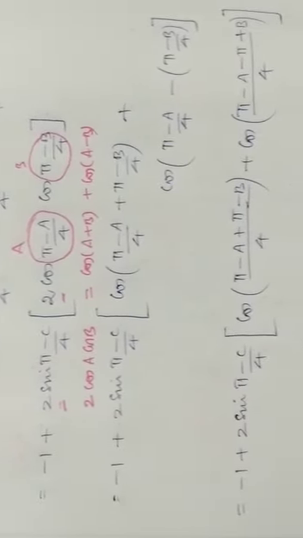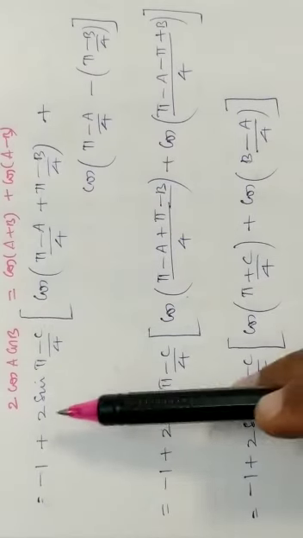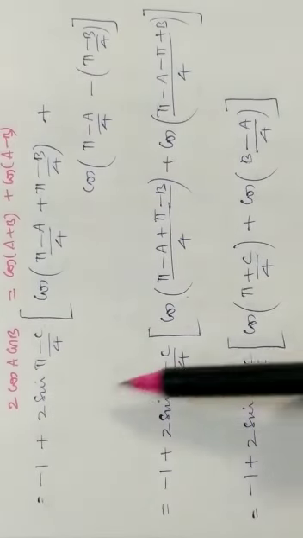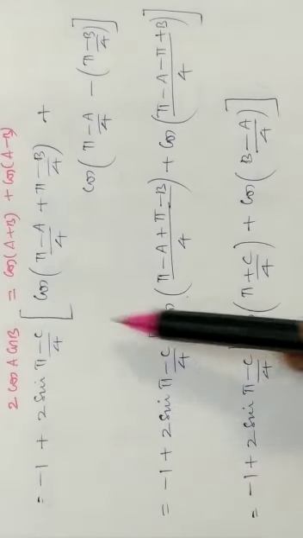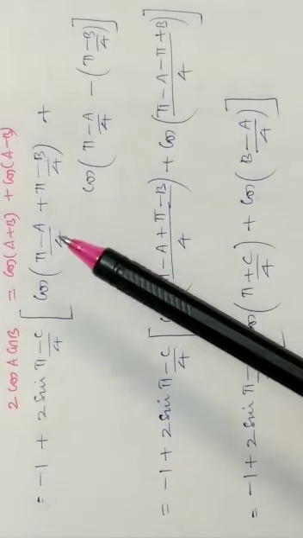Now do LCM. −1 plus 2 sin((π−C)/4) as it is, cos. LCM is 4.